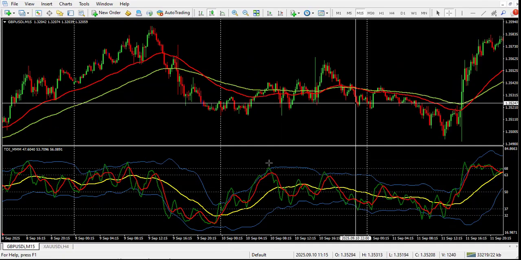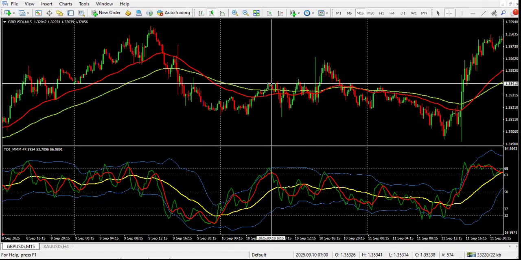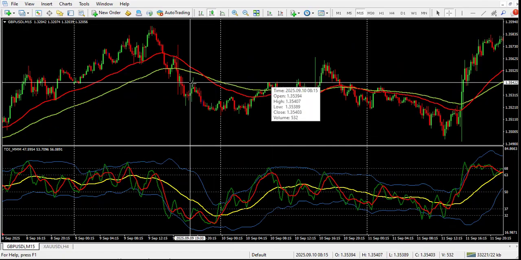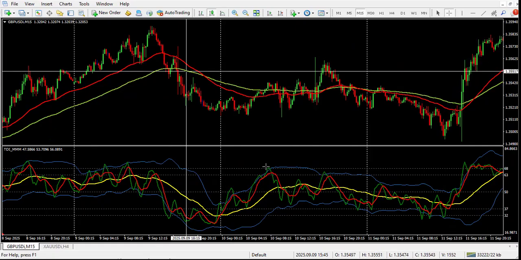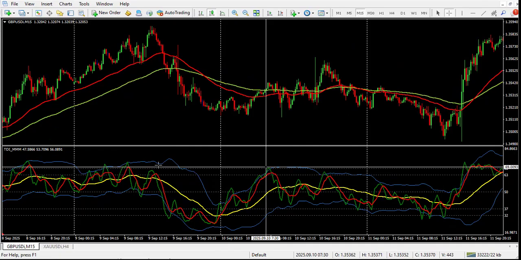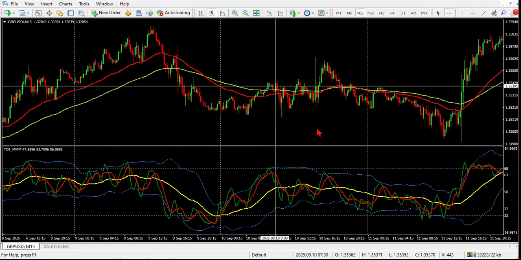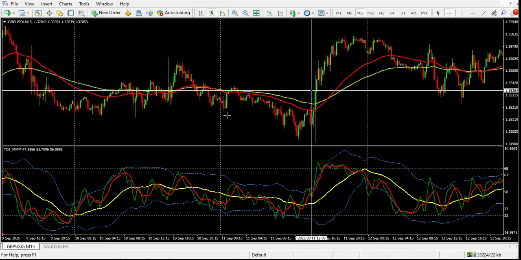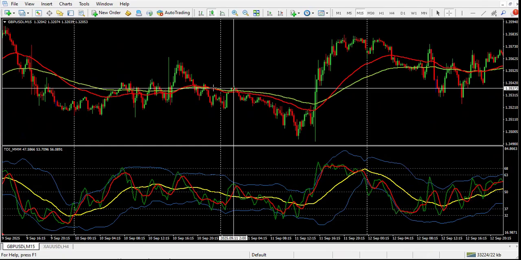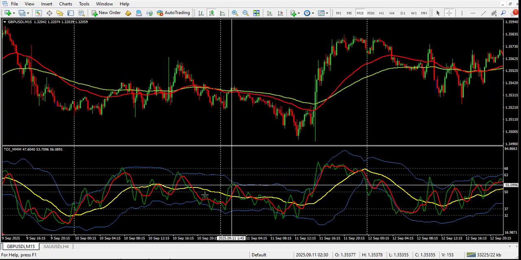before you consider taking the trade. All right, so moving average cross, you've got this right here. This high is lower than this high and is lower than this high, but on here it's higher than this high. That's an indication for a sell. All right, then you've got this high is lower than this high, but it's higher than that same high on the TDI.